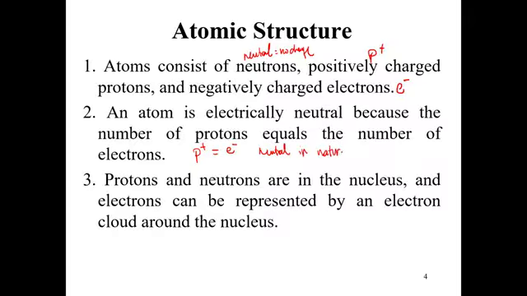If an atom is not neutral, it is called an ion. If there is an imbalance of protons and electrons, it can be positively charged or negatively charged.